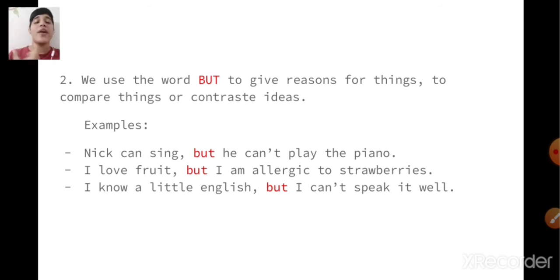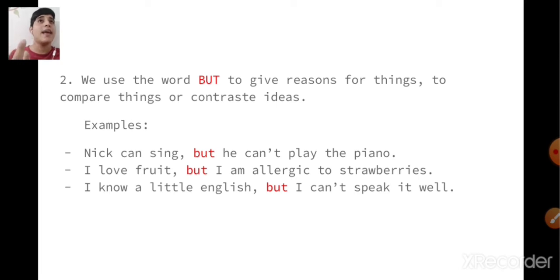Right here we are contrasting, okay? We are contrasting the first idea. I know a little English, but I can't speak it fluently, or very well.